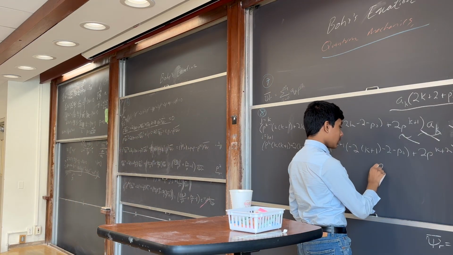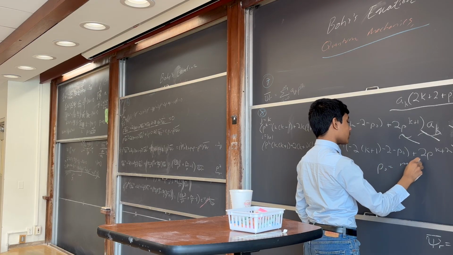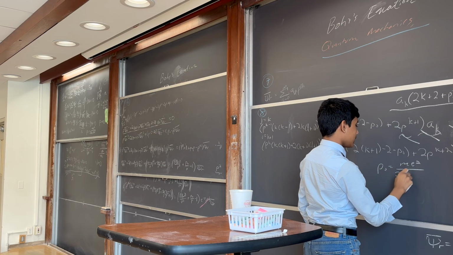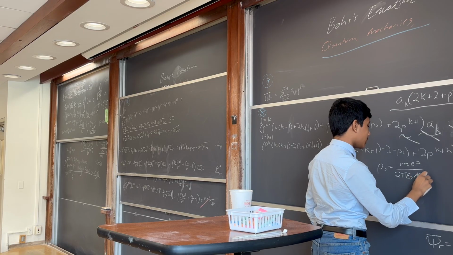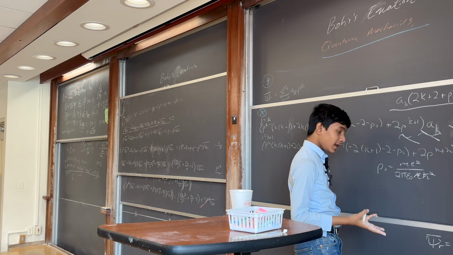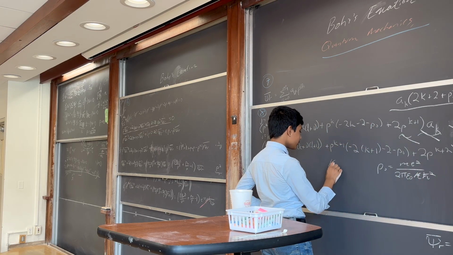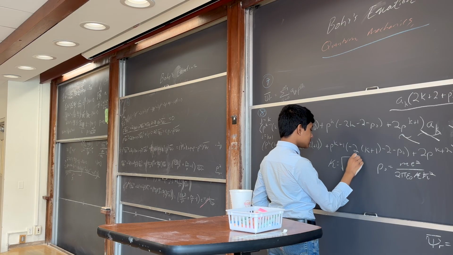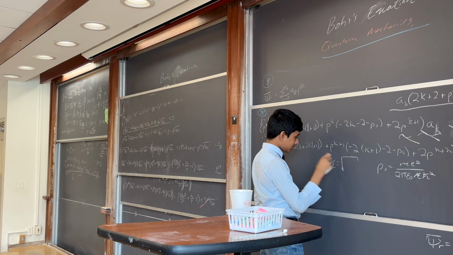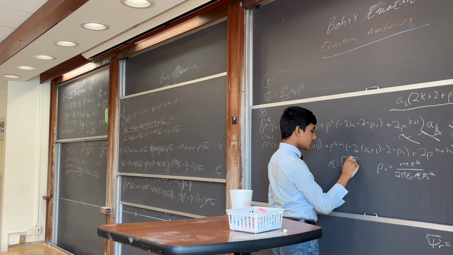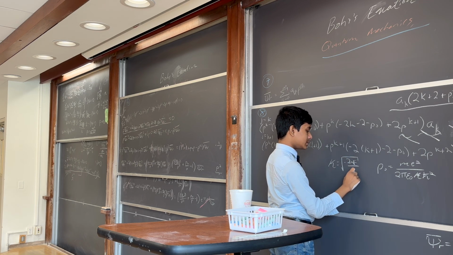So rho naught is equal to me squared over 2 pi epsilon naught kappa h bar squared. So now recall that kappa itself is equal to the square root of minus 2me over h bar squared.